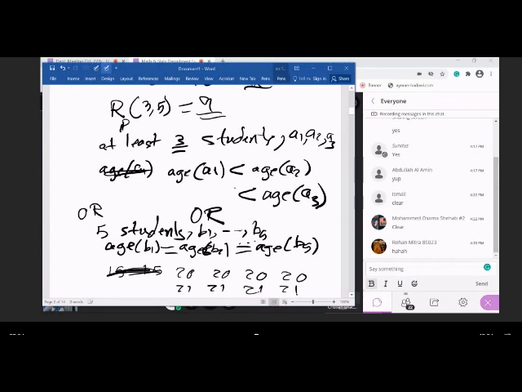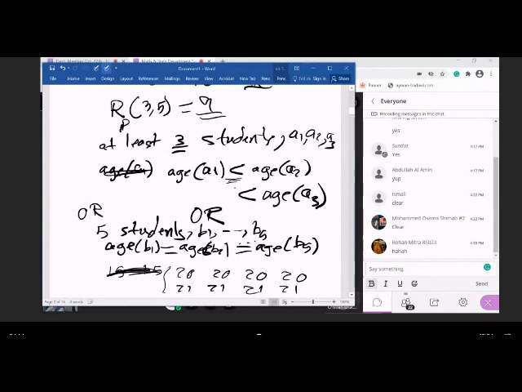And remember, the relation here is strict. So you could have a classroom with 8 students, and these are the ages. So this statement is clearly not correct.